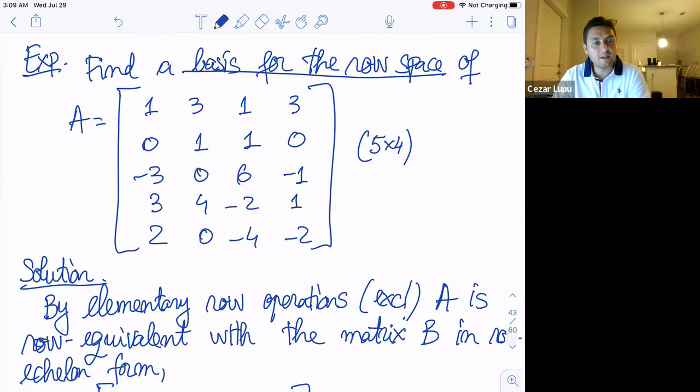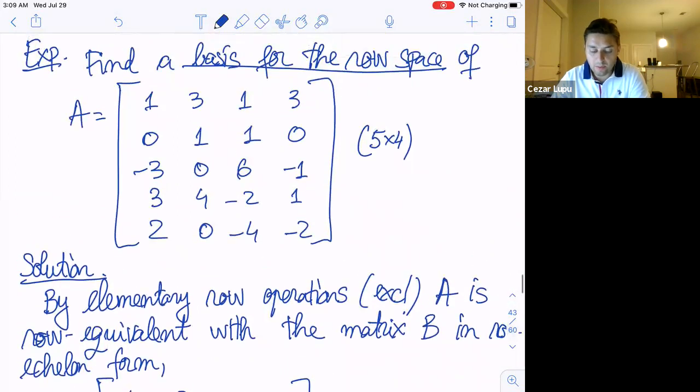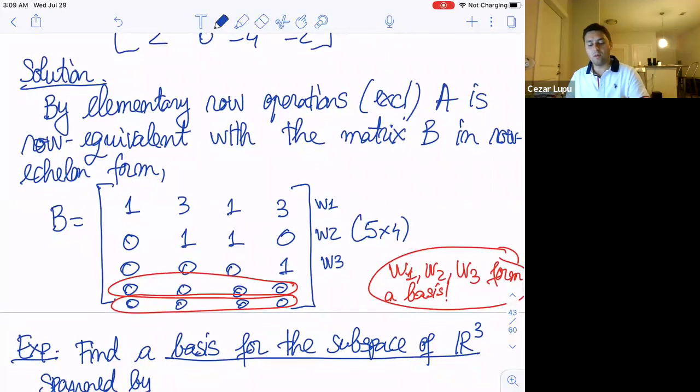So by elementary row operations, A is row equivalent to the matrix B in row echelon form, and as you can see, it looks like this: 1 3 1 3, 0 1 1 0, 0 0 1, and the last two rows are 0.